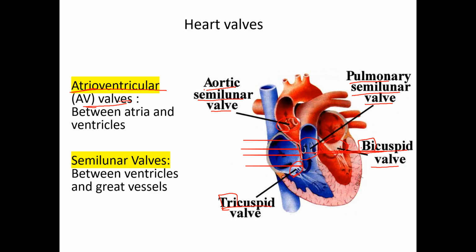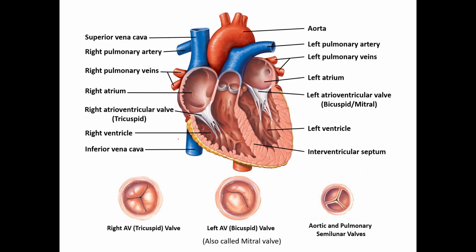Okay, so let's look at these valves in a better way. Here is a view from the top of these valves. This is the tricuspid valve, which is the right atrioventricular valve. And then this is the bicuspid. You see that it has only two flaps, hence bi.